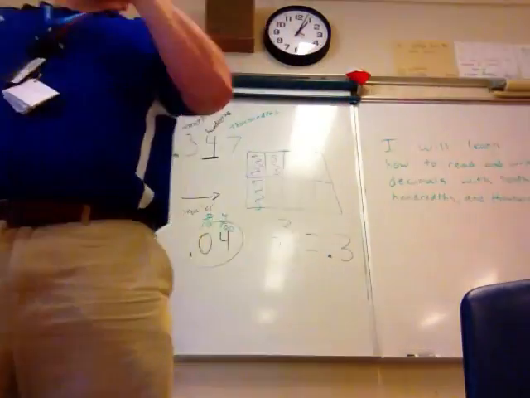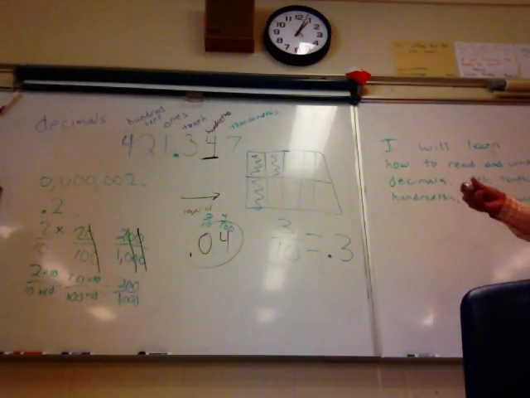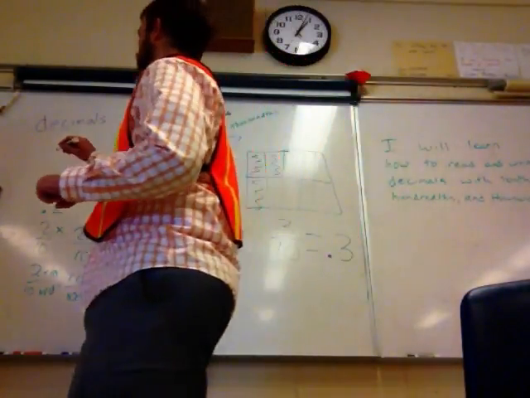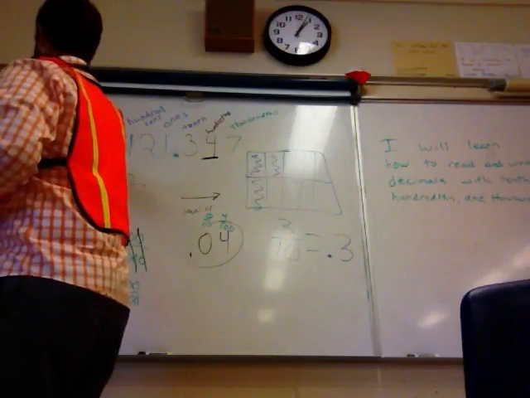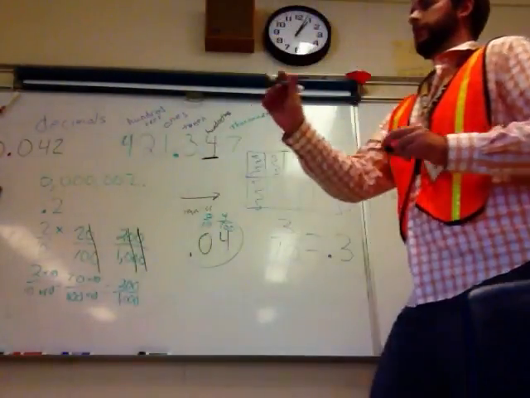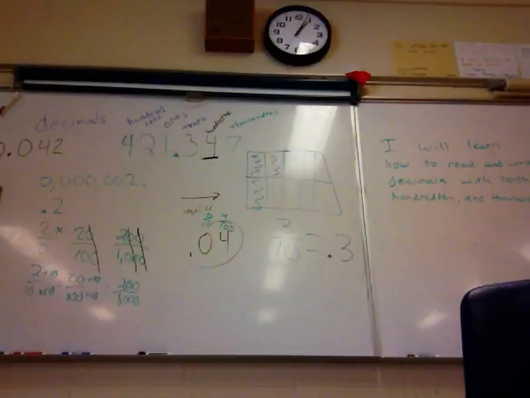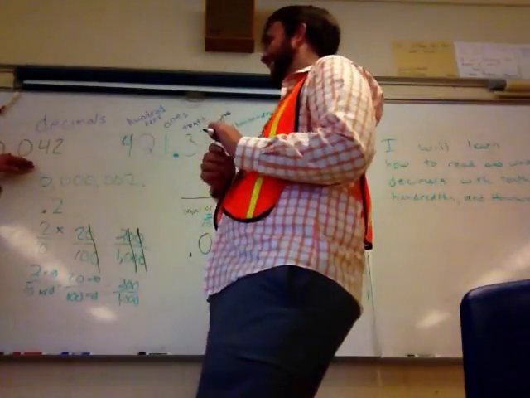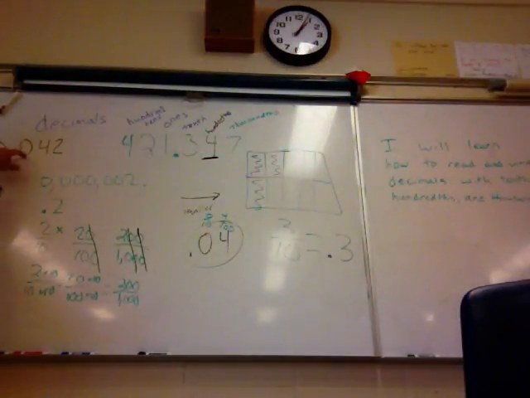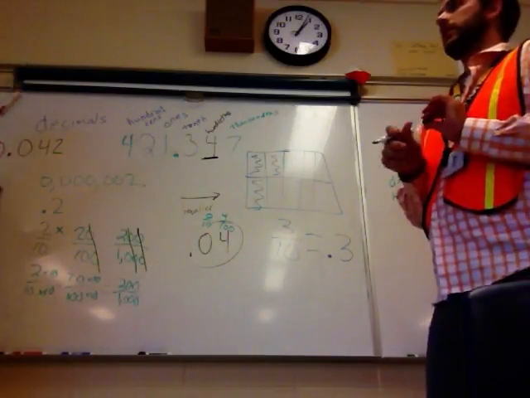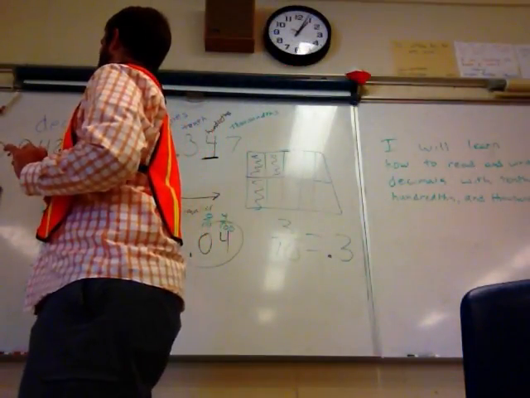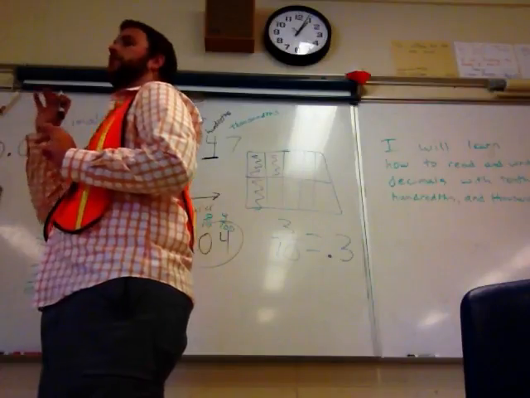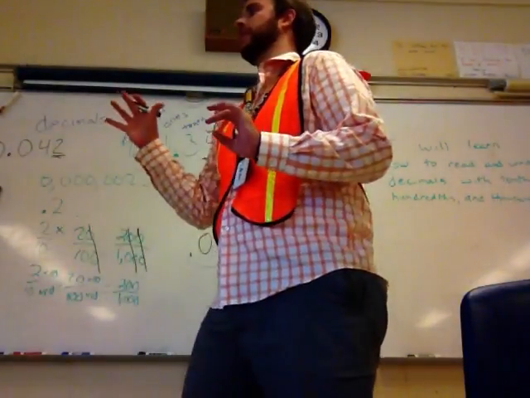What he means by reading and writing is, if I say, Mr. Adamson, read this number to me, I would read this 42 thousandths. We're going to talk about that in a second. But do you understand what he did there? He took the last one, and that's in the thousandths, so that's the last word I'm going to say.